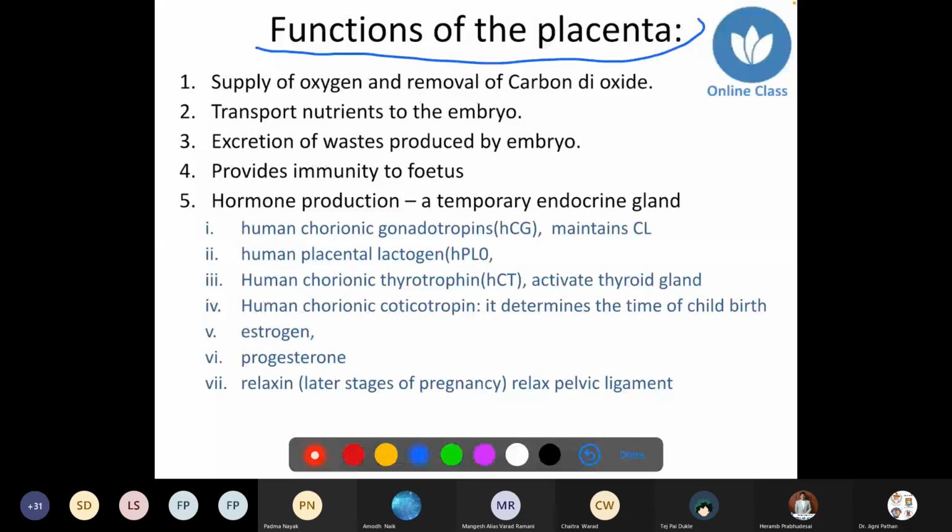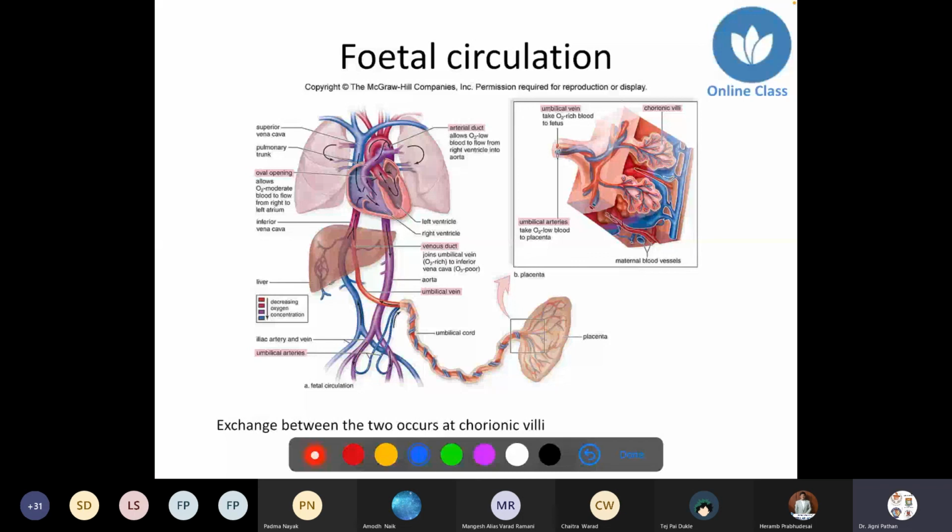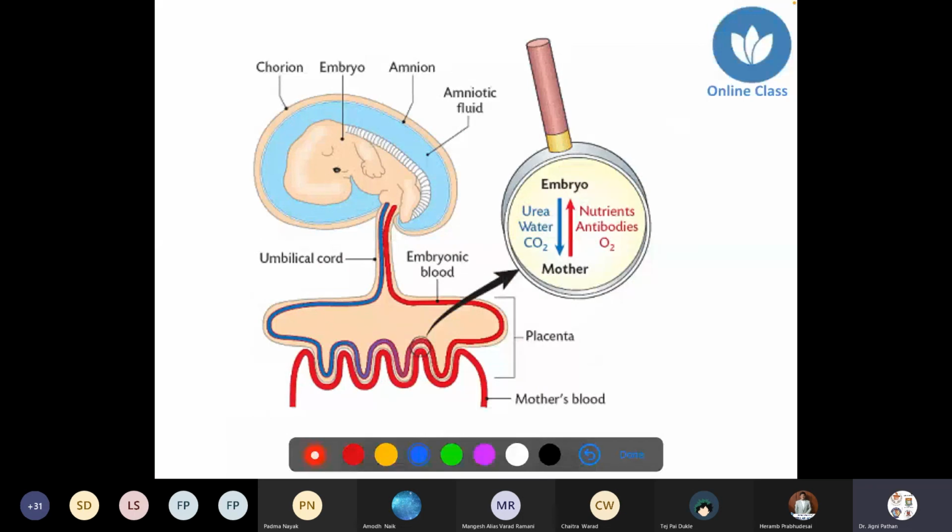Done? Next. If you see this slide, you can see this is the placenta. This part is only of the baby and this part is of the mother.